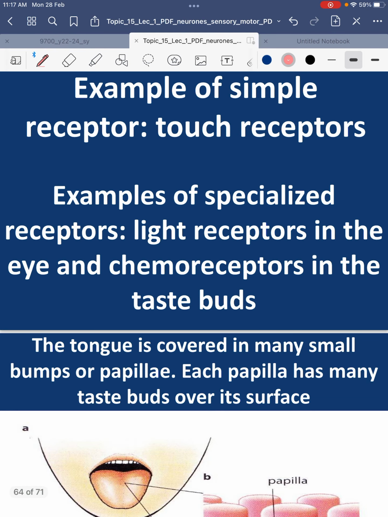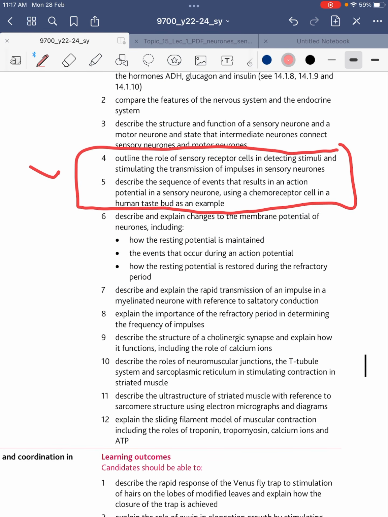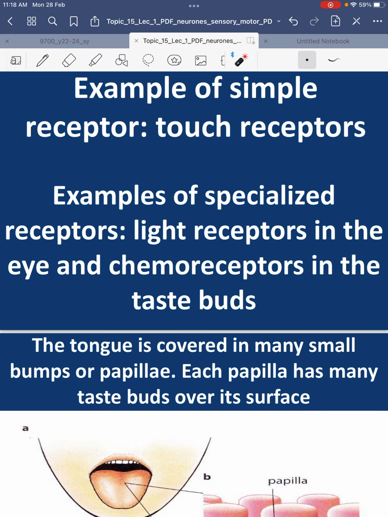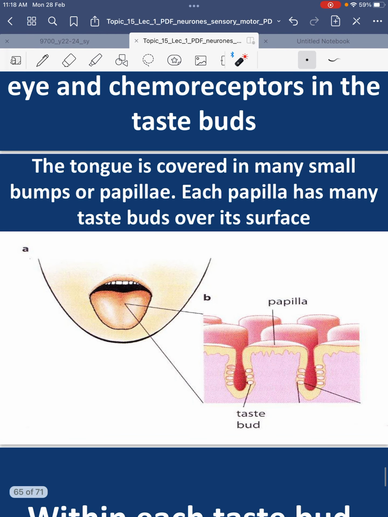And this is what is stated in the learning objectives. Objective number 5: describe the sequence of events that result in the action potential in the sensory neuron using a chemoreceptor cell in a human taste bud. Okay, let's have a look. When it comes to taste, sweet taste, salty taste, the reaction is very unique.